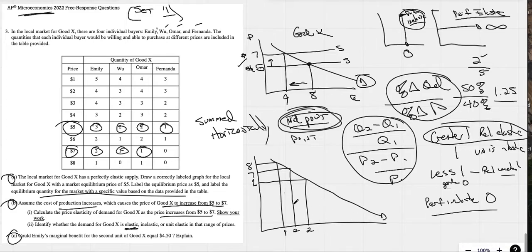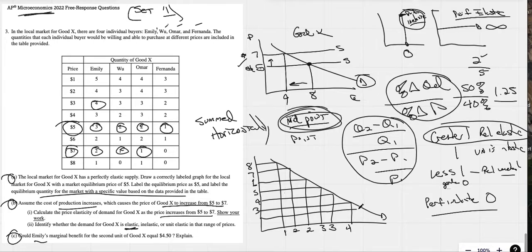This doesn't make a lot of sense to me, and it doesn't make a lot of sense to you either, I'm sure. But we're not going to worry about it making sense. That's just the College Board playing games. 3, 3, 4. We can draw it on the graph and know what's going on. At 3, we are talking about Emily, so at 3 for Emily, looks like 4 is the units.